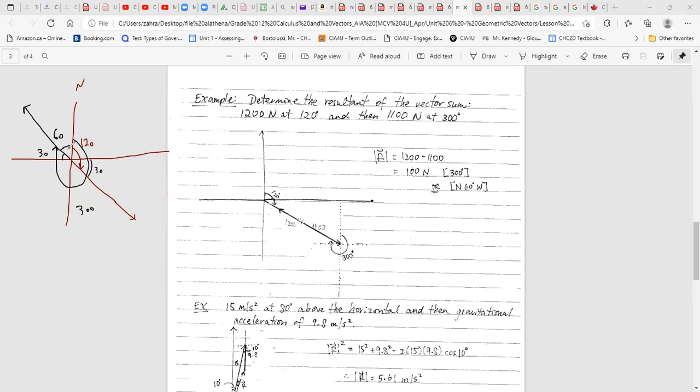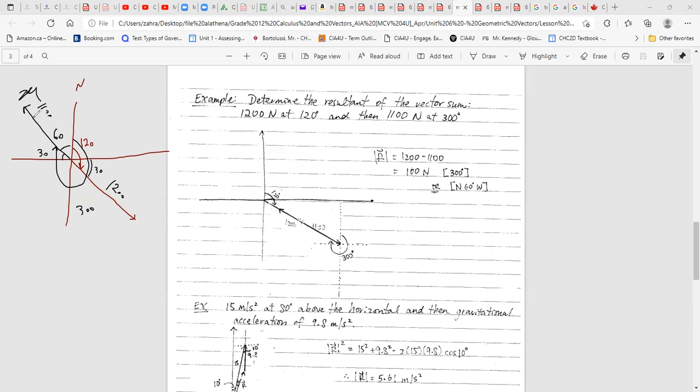Adding these two vectors that are parallel, you simply subtract their values because they are opposite and along each other. This one is 1,200, and this one is 1,100. Simply, that would be the resultant.